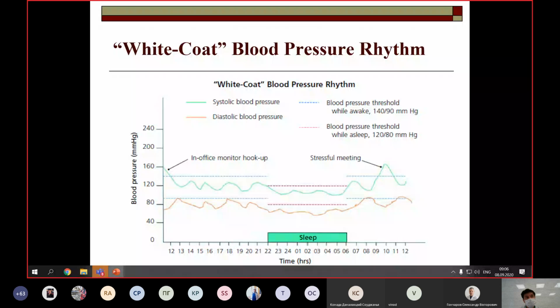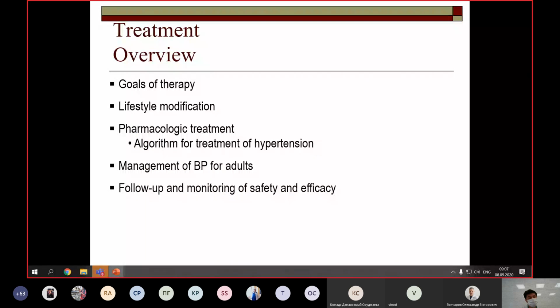But generally, based on the new clinical guidelines, a patient demonstrating white coat systolic and diastolic hypertension might have increased cardiovascular risk. It should be treated at the same level as other patients having hypertension. So, treatment.